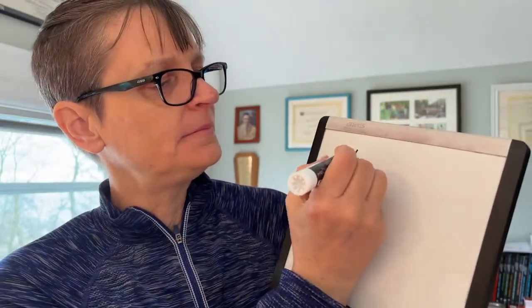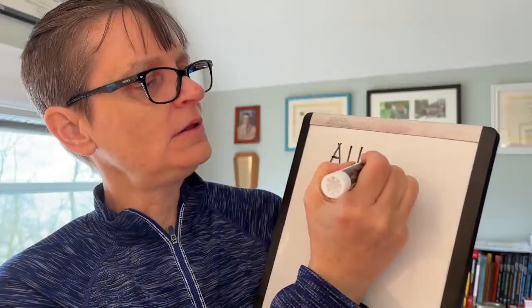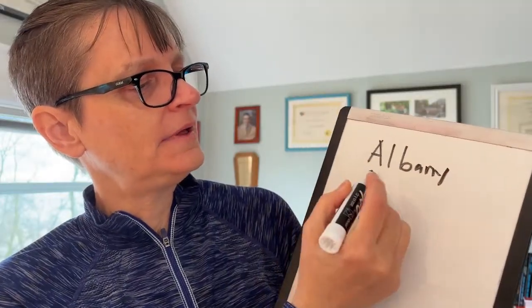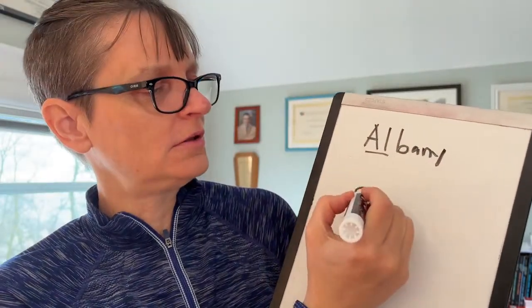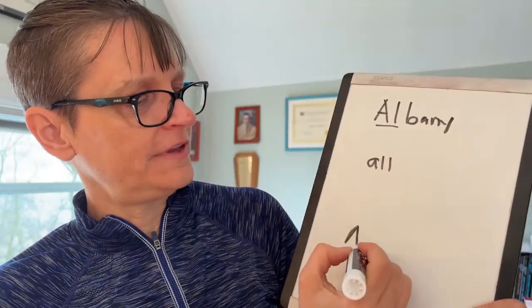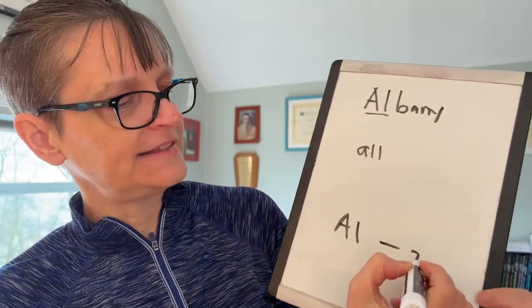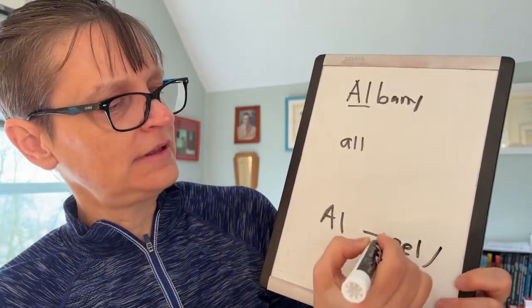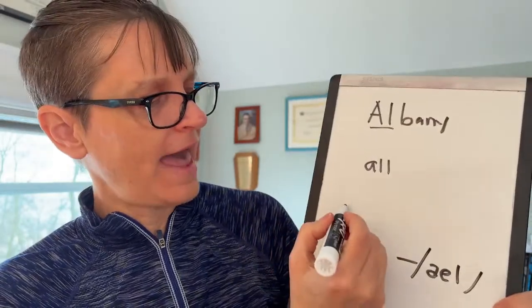Okay, we have a question about how to pronounce Albany. So Albany. This is like the word all, Albany. We do have the name Al that has the black cat vowel. My pal Al.